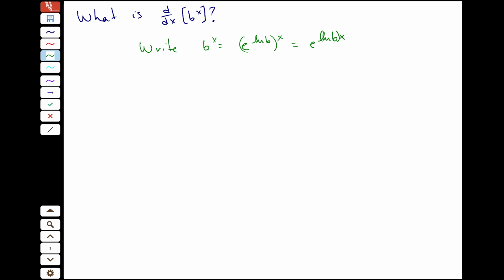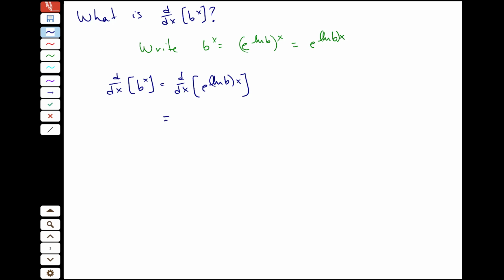And that natural log of b is a number. So when we go to take the derivative of b to the x, first we rewrite this as e to the natural log of b times x, and now we use the chain rule with e to the x.